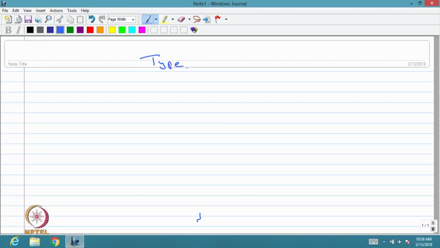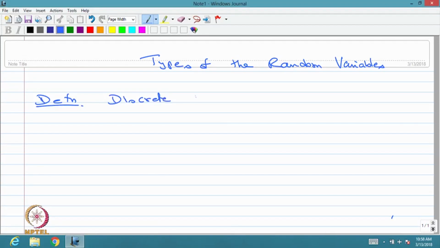So, let me start with the first type. It is called types of the random variable. The first definition is the discrete type random variable.